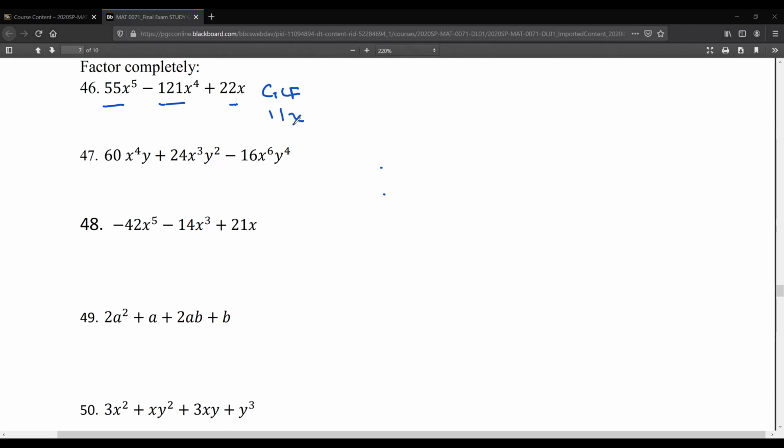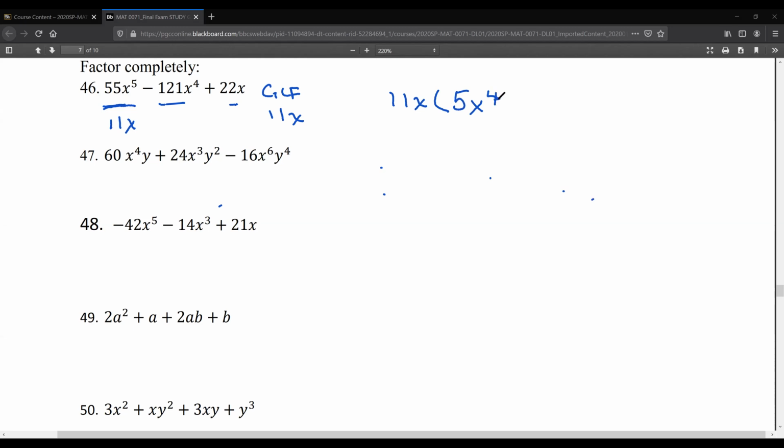So on 46, when you factor out the greatest common factor, sometimes you can look at it like dividing out. We're going to take 11x, and when you divide by 11x, you're going to have 5x to the 4th power.